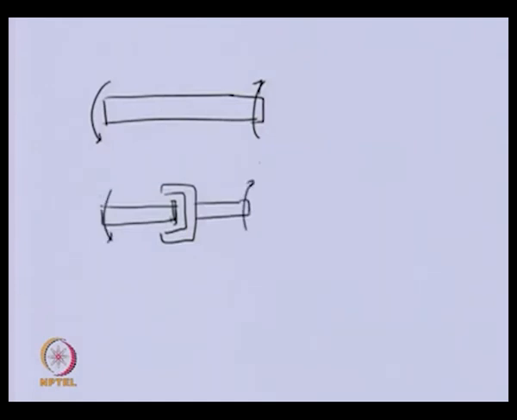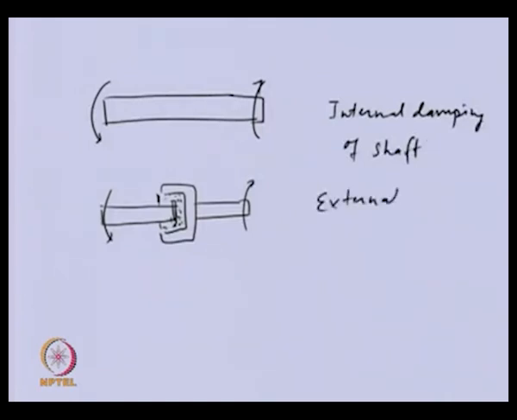When this shaft undergoes torsional oscillation, whatever fluid is there between these two will get churned, and because of this there will be heat generation, and some of the energy of the shaft will dissipate as heat. So, this is external damping, and the first one is the internal damping of the shaft, and this is the external damping which we are applying.